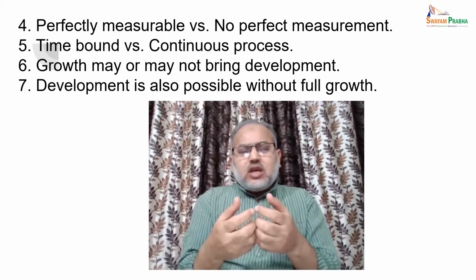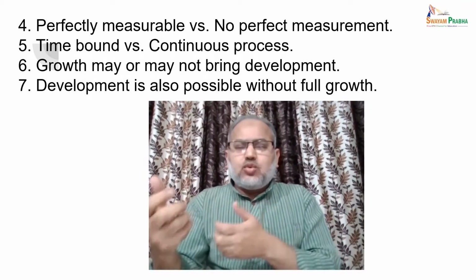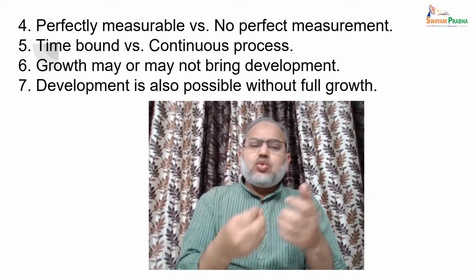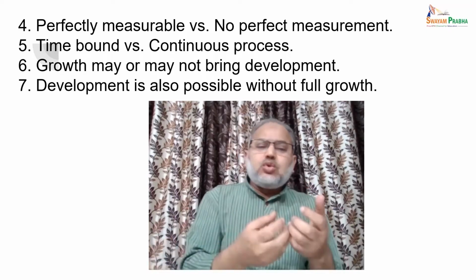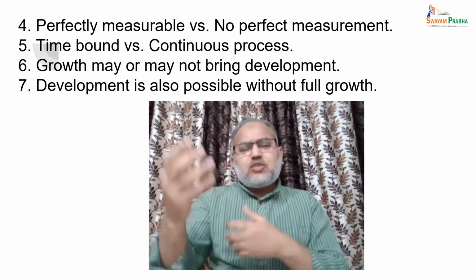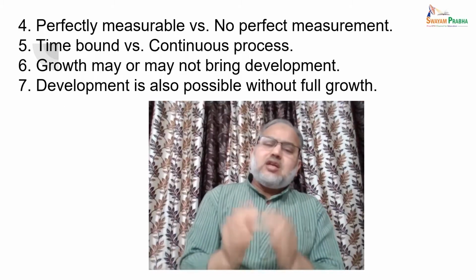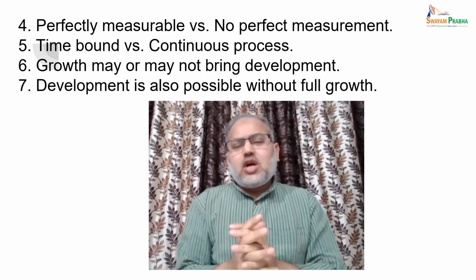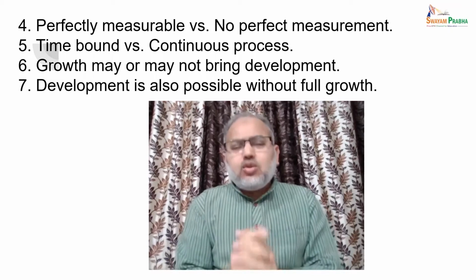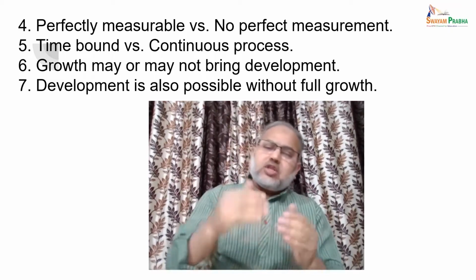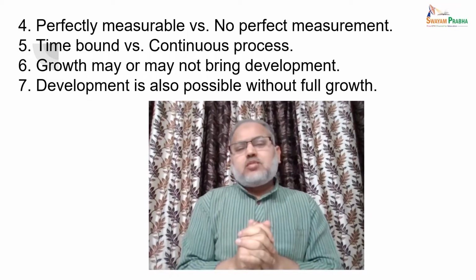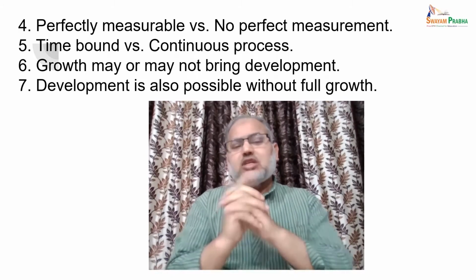So there are tools to measure attitude, aptitude, and interest. These are personality variables, and these are developmental aspects which cannot be measured with perfection. Although we try to measure these things for educational purposes, these tools do not give the perfect result.